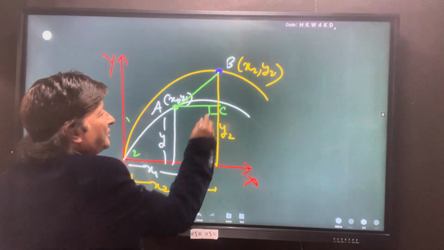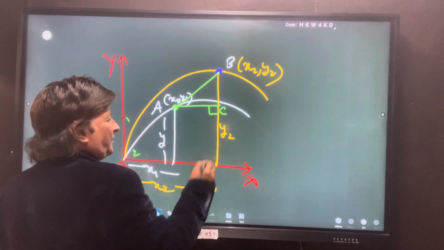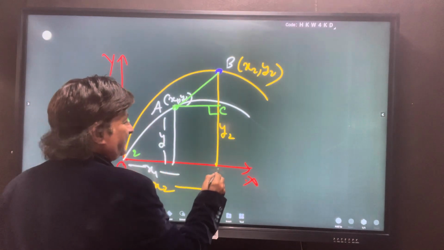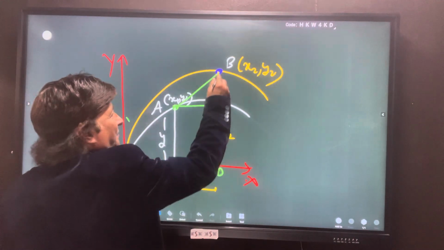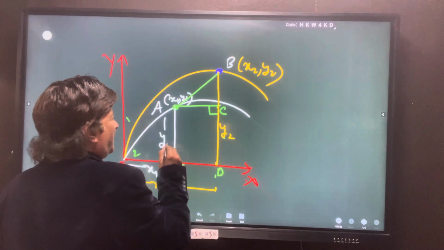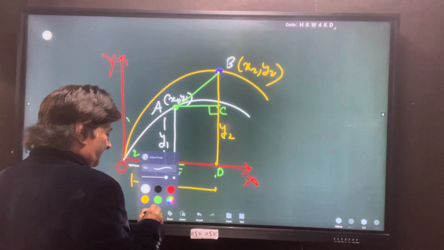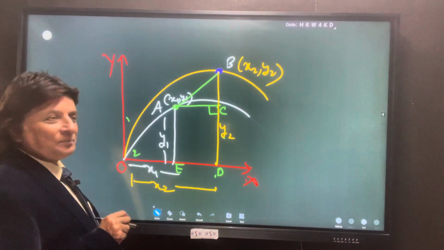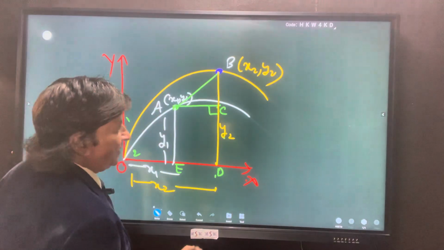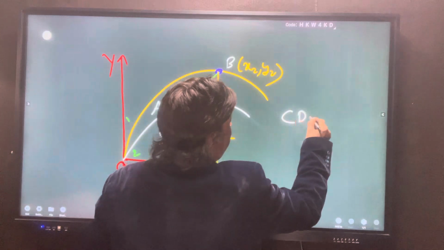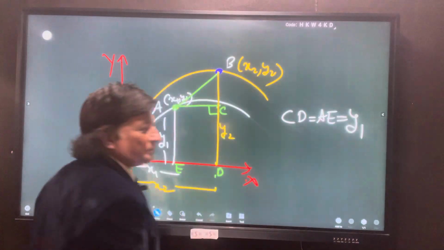Perfect. Now, what is BC? BC is y2, and say this is CD and this is AE. CD is equal to AE, that is equal to y1.